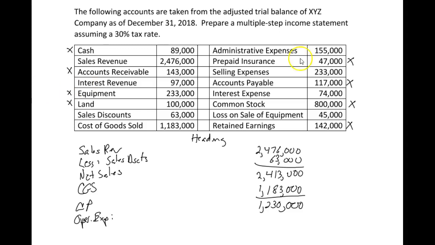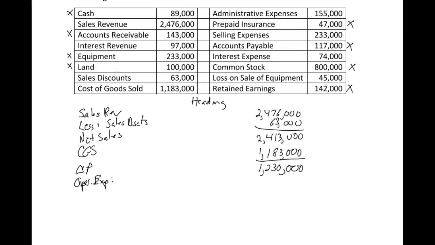So let me slide this up a little bit. We'll kind of have to scroll back and forth. Our operating expenses are going to be selling expenses and our administrative expenses. Now, this includes all sorts of stuff.